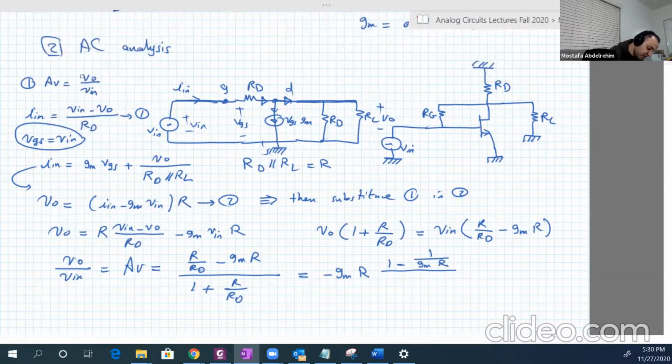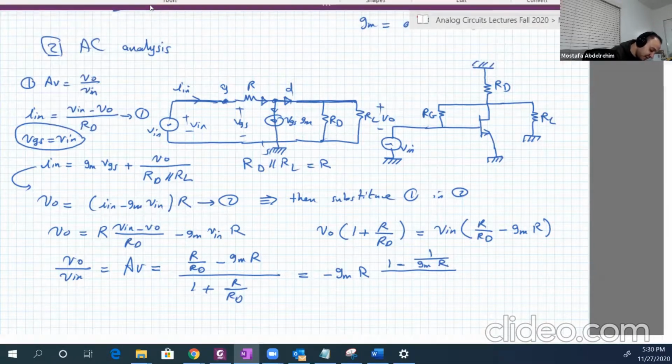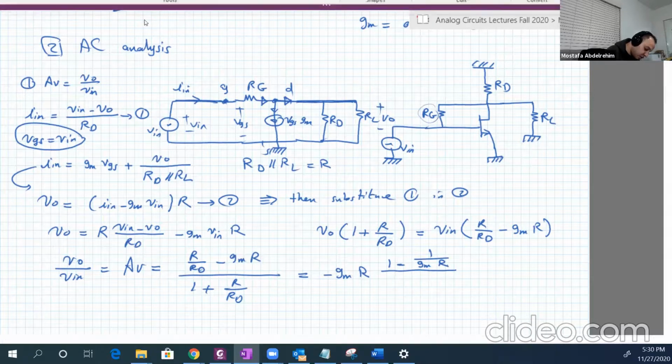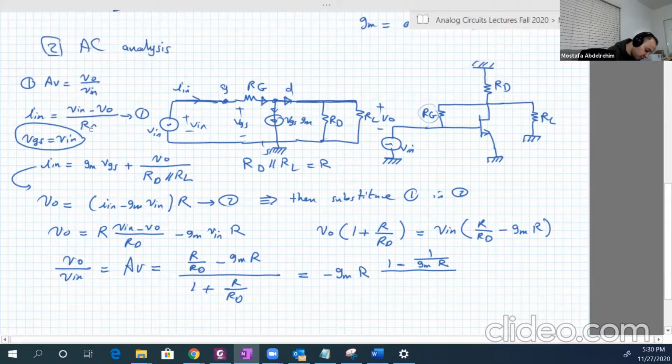I am very sorry here. This is this resistor here, RG. So what else should be changed? Yeah, this should be RG, not RD.